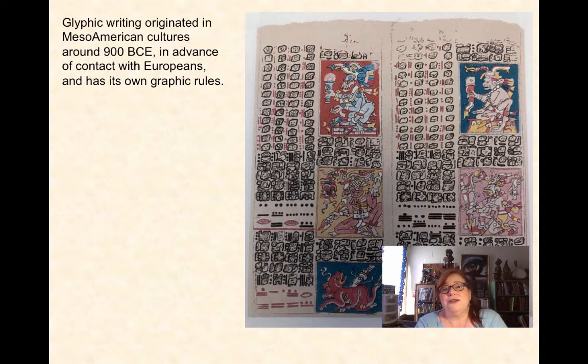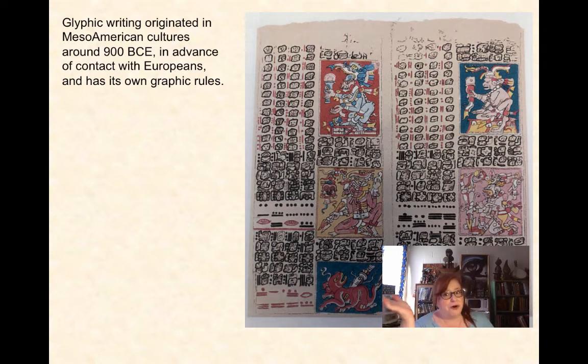Glyphic writing also originated in Mesoamerican culture, the regions around Central America and South America, around 900 BCE, in advance of contact with Europeans, and it has its own graphic rules. This image is from what's known as the Dresden Codex from Yucatan, and dates from about 1200 to 1250 CE, in the Common Era.